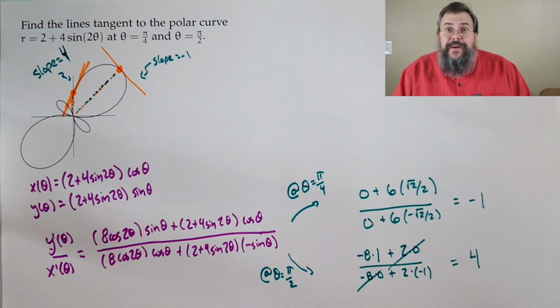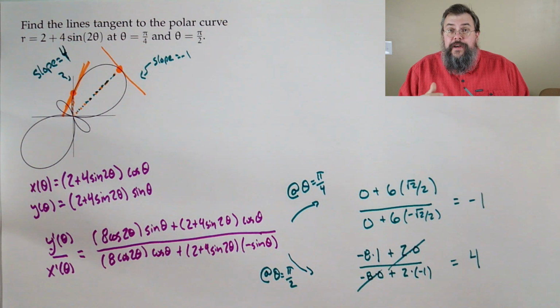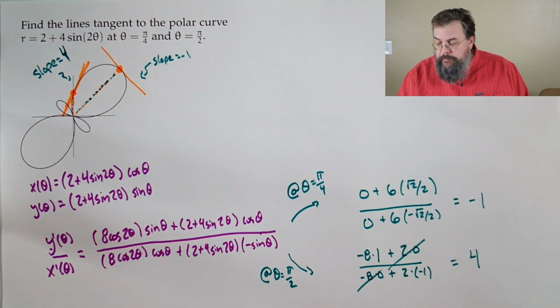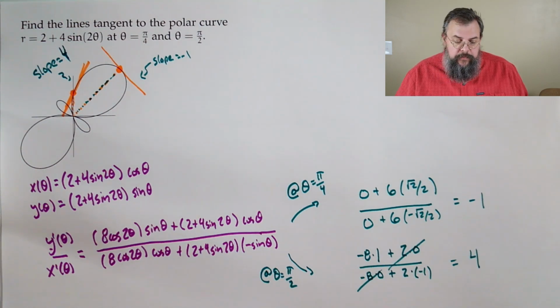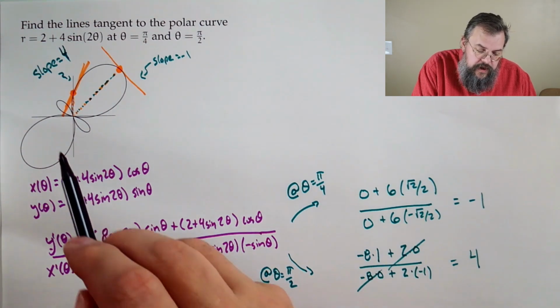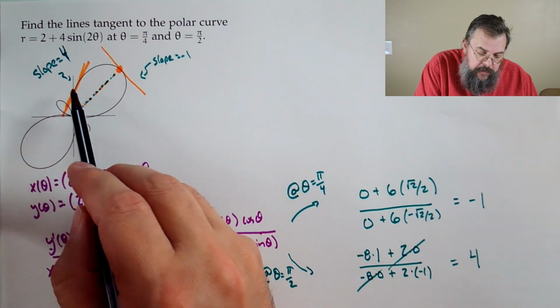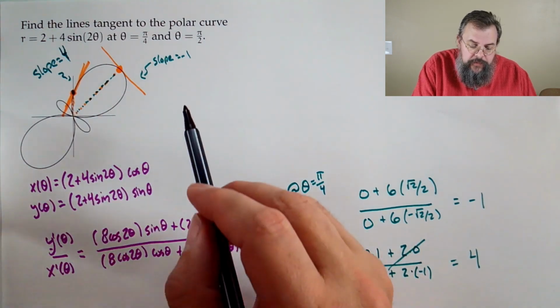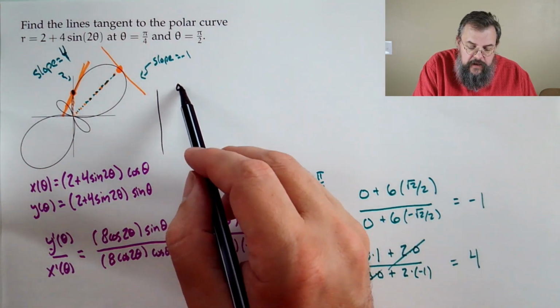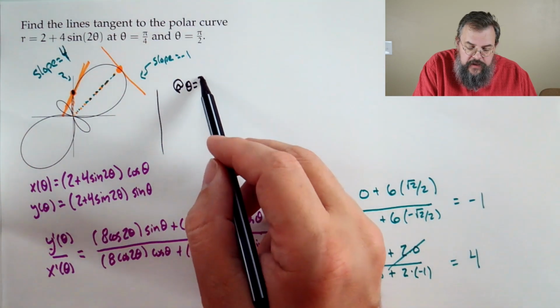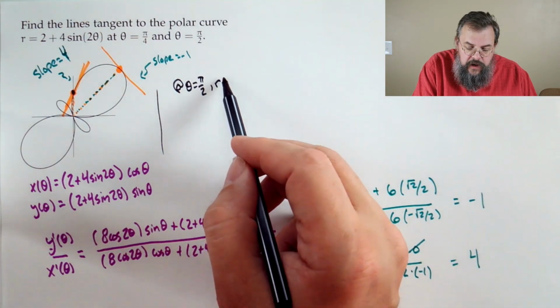Now we have the slopes of our two lines. All that's left is to find the points. So let's start with, say, this point. That should be pretty easy. What do we know? At theta equals pi over 2, what is r?